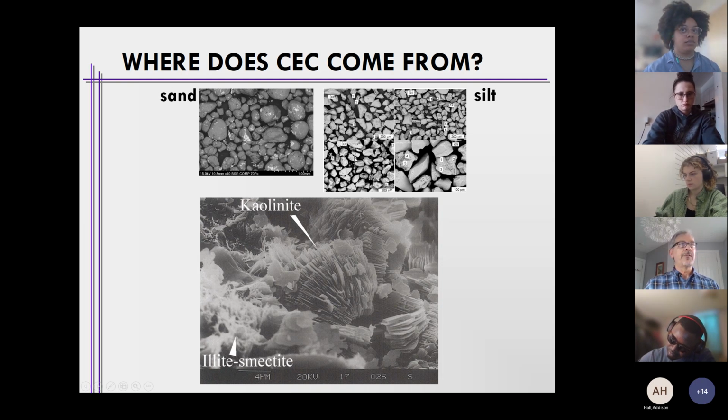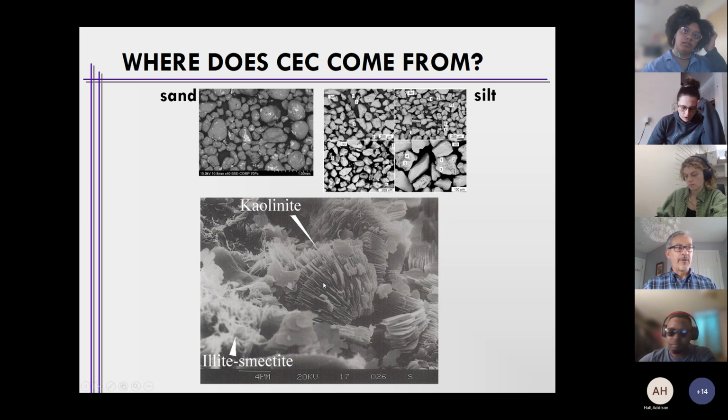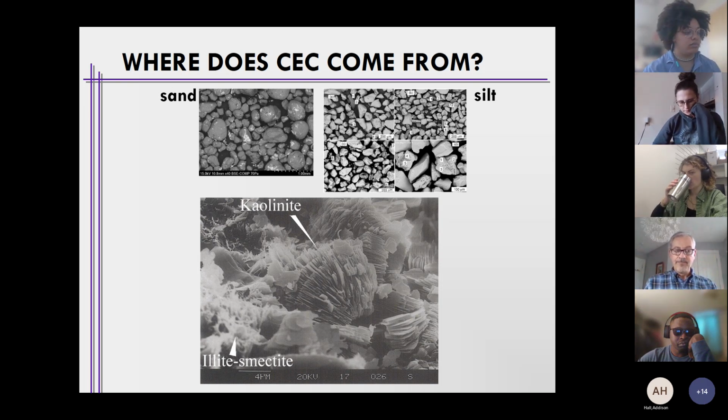And even silts to some degree are actually pretty large. But if you look at clays, kaolinite has a lot of surface area. You can see all these little cracks or separations in the kaolinite itself that increases surface area for reactivity to occur. And then this is a horrible picture of this illite smectite, but this is also a clay and it looks amorphous, but it's actually crystalline, but it looks like a blob and it has a lot of surface area.